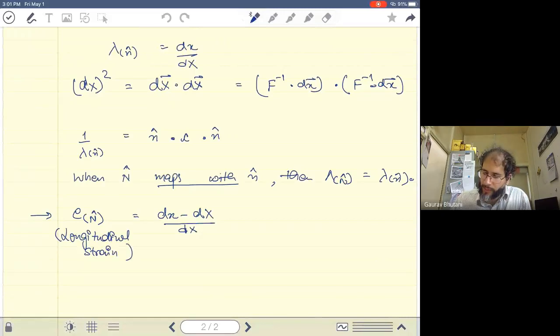So this can be written in terms of stretch ratio now. The first, d small x by d capital X, is nothing but the stretch ratio minus 1.